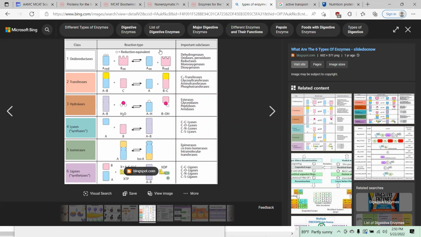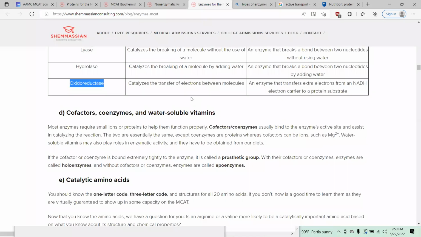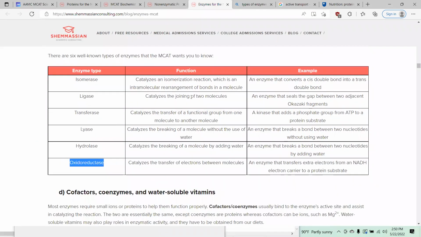Reduction is gain of electrons, oxidation is loss of electrons. The mnemonic is OIL RIG, which stands for oxidation is loss, reduction is gain. And an oxidoreductase is catalyzing that transfer of electrons from one molecule to another. So those are the 6 major types of enzymes.